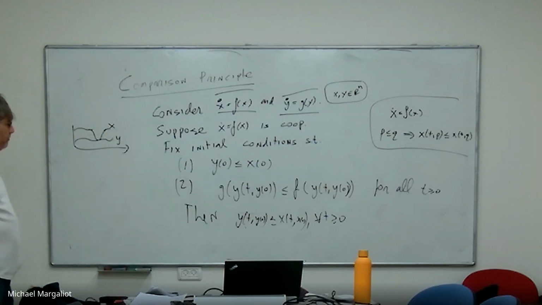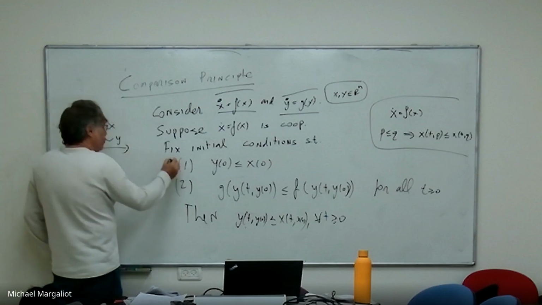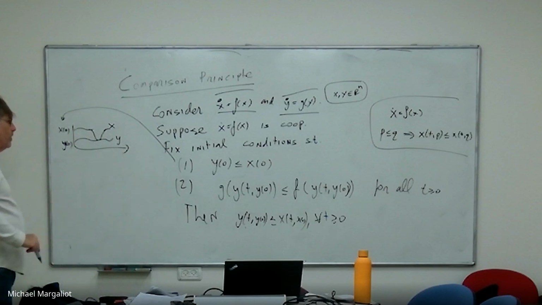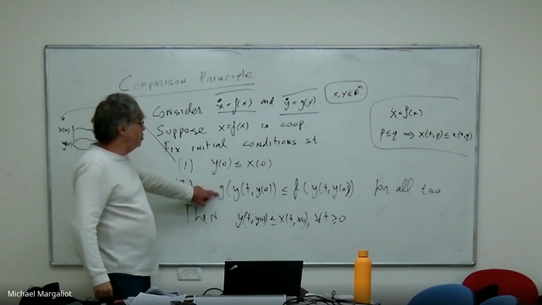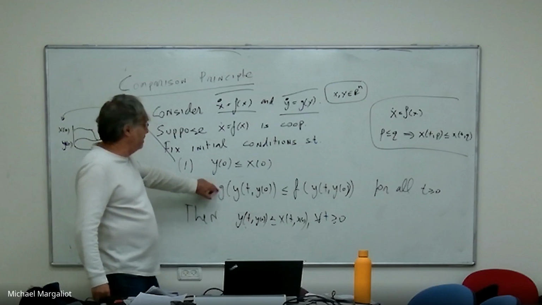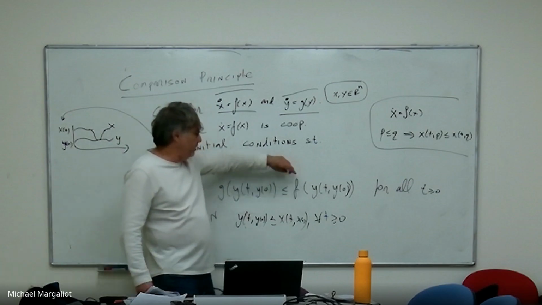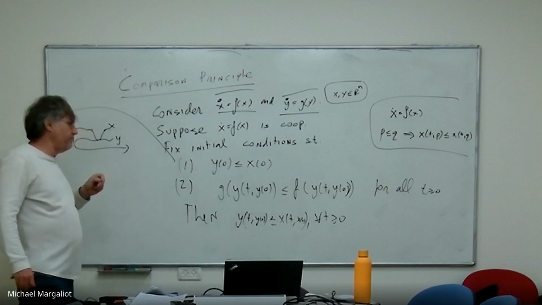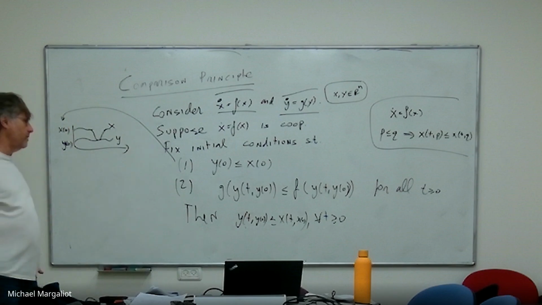That's what I want to prove. And for this, I need two things, which are not surprising. I need y0 to be smaller or equal to x0. This is one condition. And I also need the vector field of the y system to be smaller all the time or equal to the vector field of the f system when I only look along the solution of y.